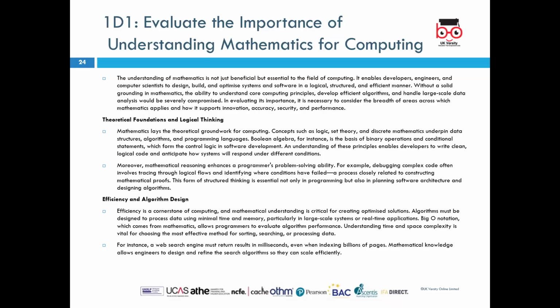Understanding time and space complexity is vital for choosing the most effective method for sorting, searching, or processing data. For instance, a web search engine must return results in milliseconds, even when indexing billions of pages. Mathematical knowledge allows engineers to design and refine the search algorithms so they can scale efficiently.